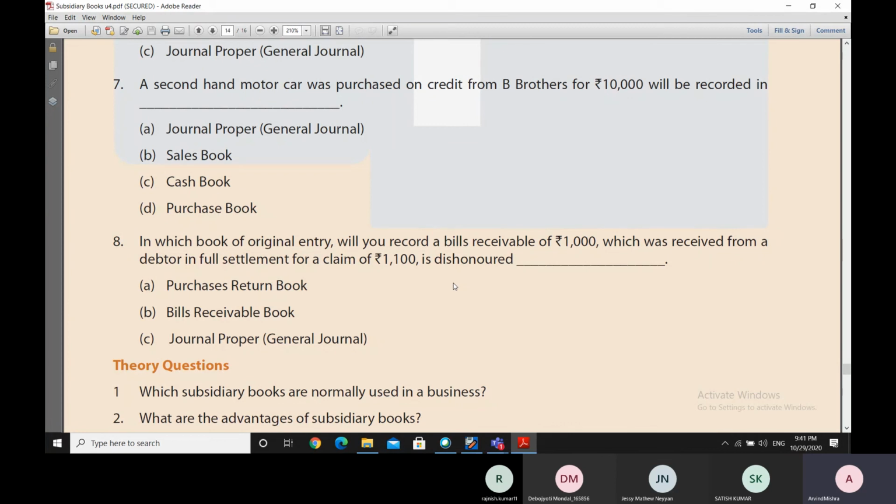This is one bill receivable of 1,000 rupees, which was received from a debtor in full settlement. And this one single bill is being received, and therefore we don't need an entire bill receivable book for a single bill receivable. What we can do here is put it in the journal.